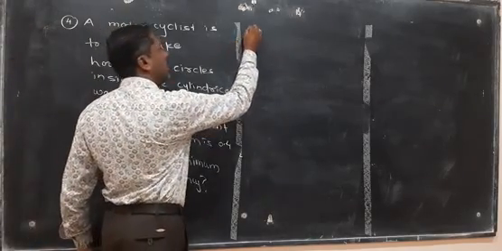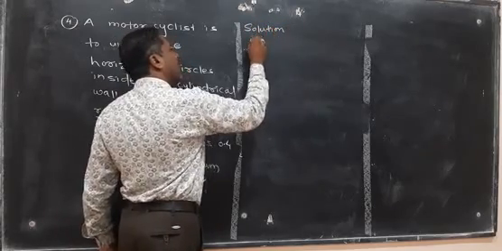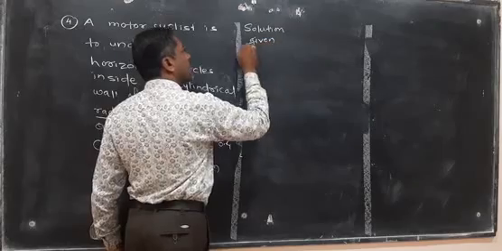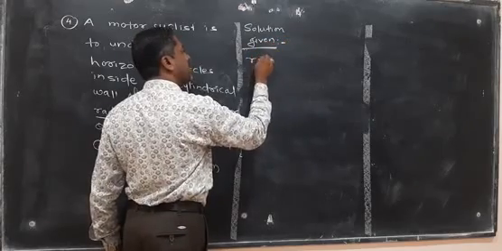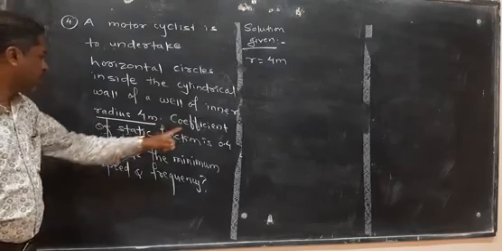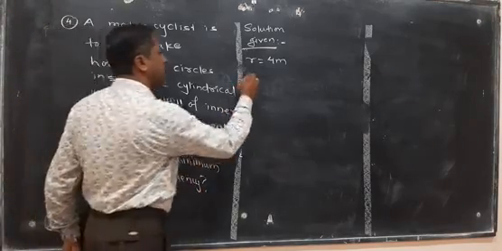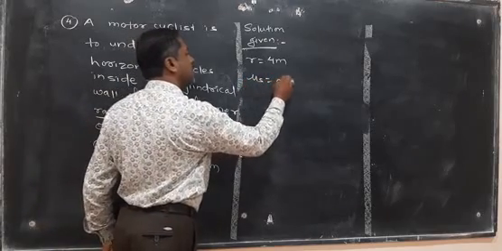Write down first of all in the solution, given: radius r is equal to 4 meter. Coefficient of static friction, that is μs is equal to 0.4.